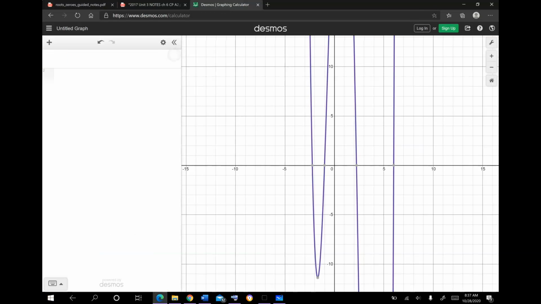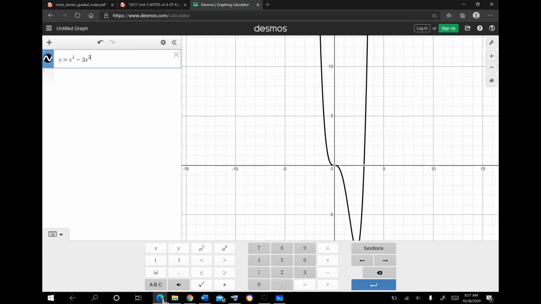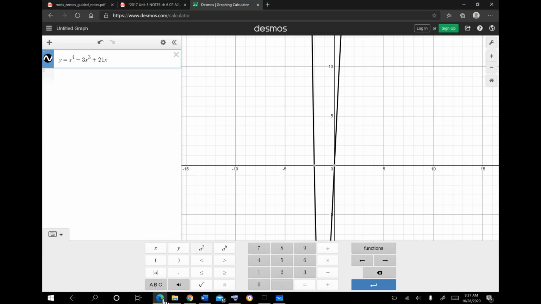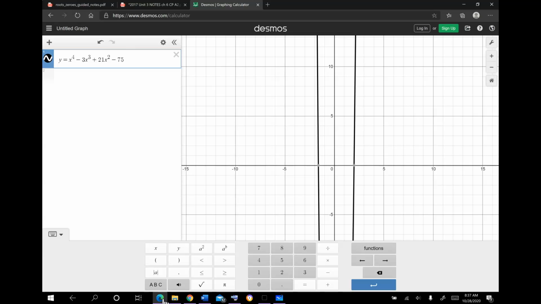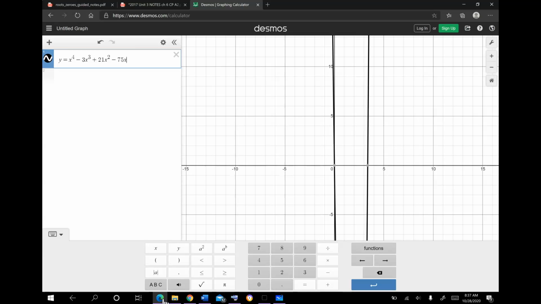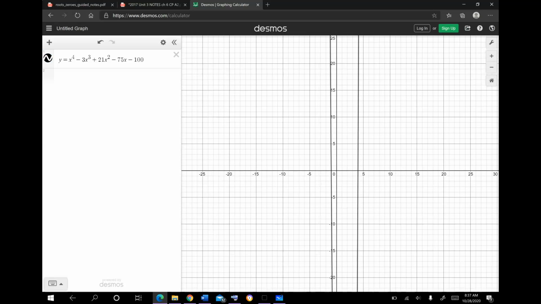Okay? If I can get it to exit. There we go. All right, so y equals x to the 4th minus 3x cubed plus 21x squared minus 75x minus 100. Okay? Alright, so let's zoom out just to make sure.